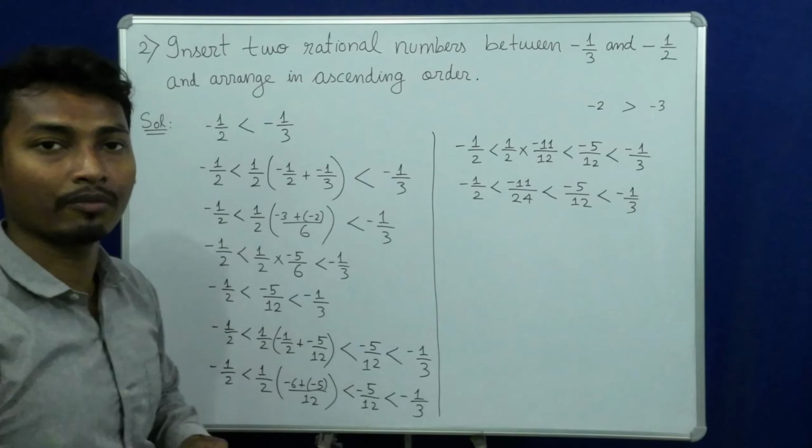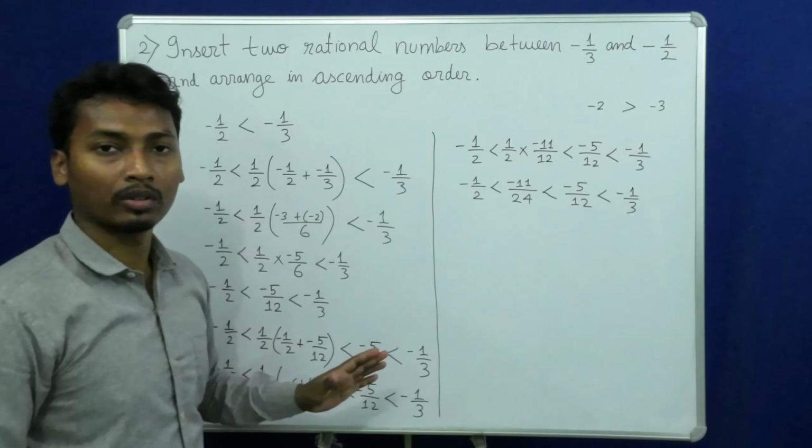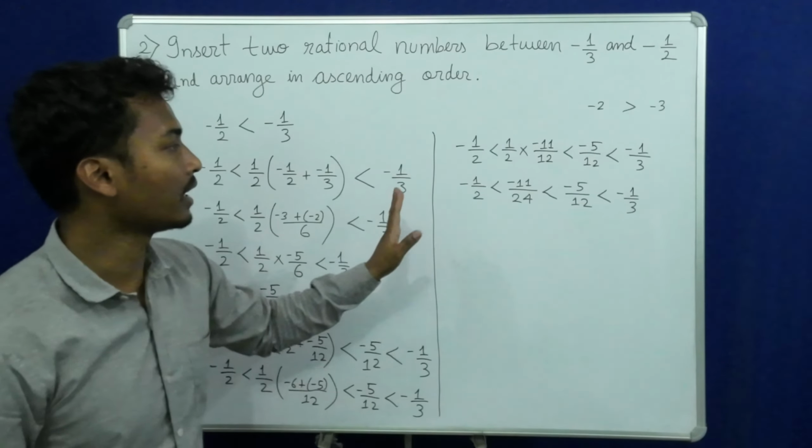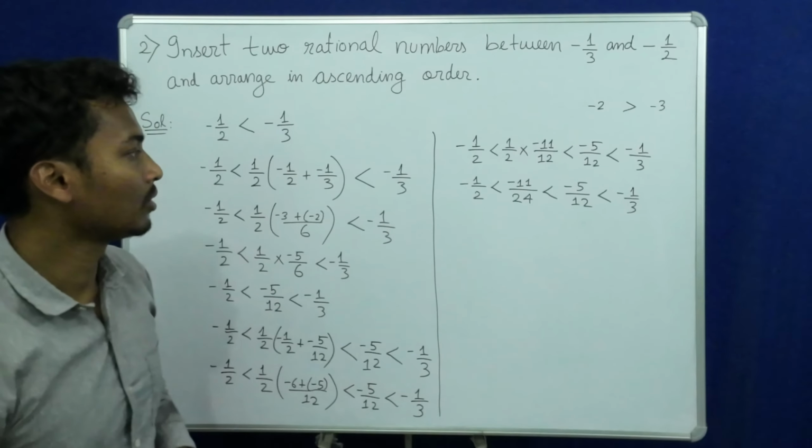So we have successfully found two rational numbers using the basic method between these two given rational numbers and arranged them in ascending order.